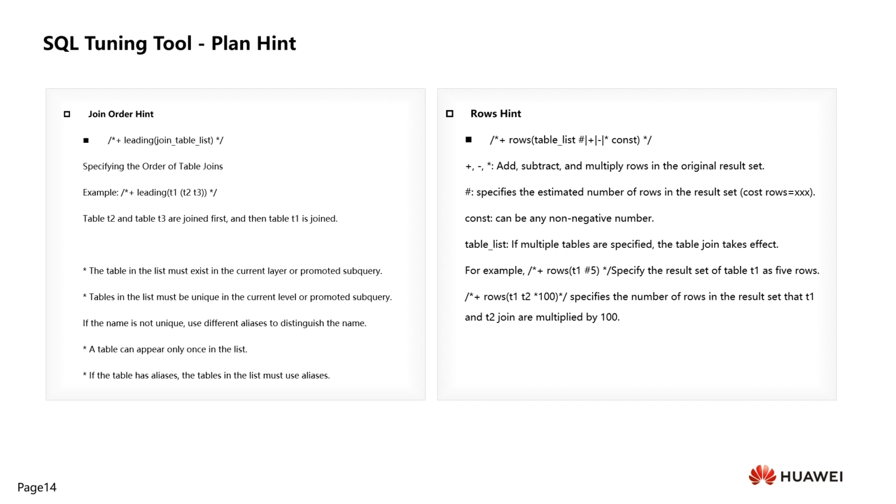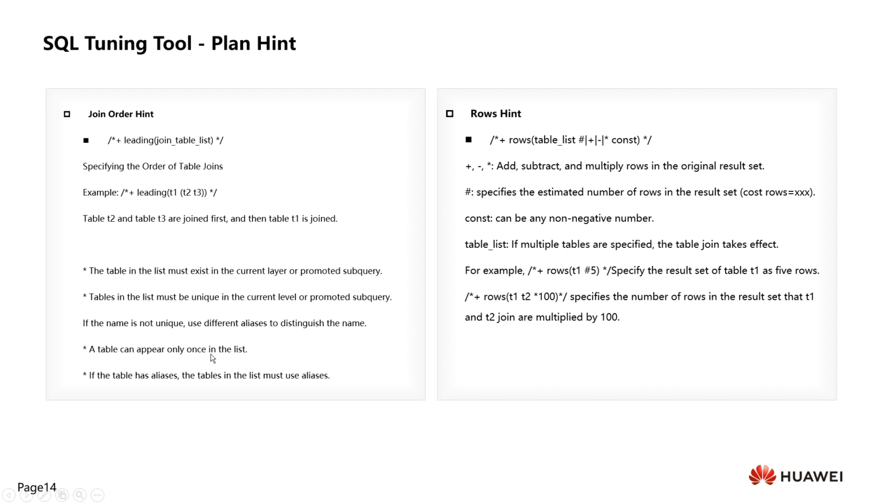And the table in the list must be unique in the current level or promoted subquery. So if the name is not unique, we could use different aliases to distinguish their name. Otherwise, we would confuse the optimizer. And thirdly, a table can only appear once in the list. And finally, if the table has aliases, the table in the list must be using their aliases.